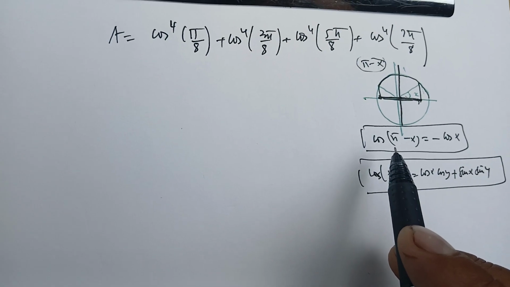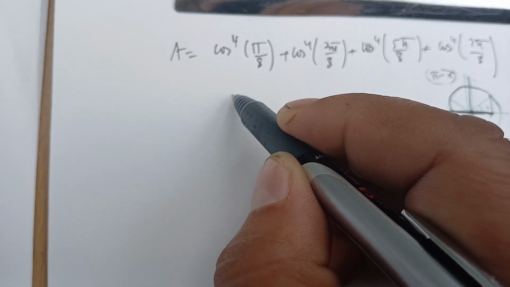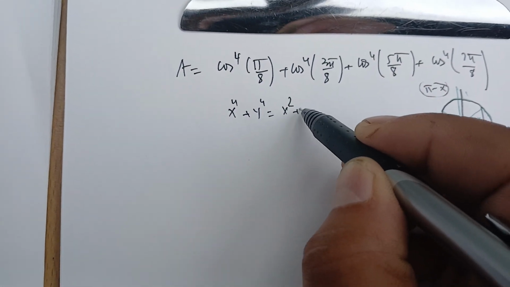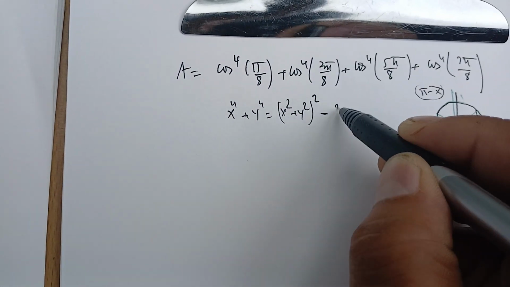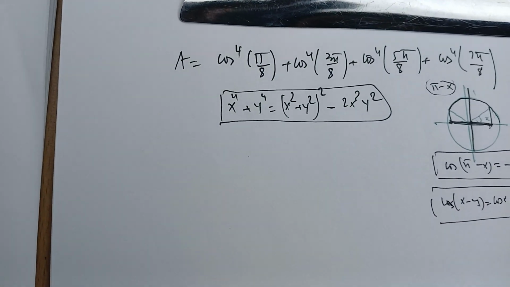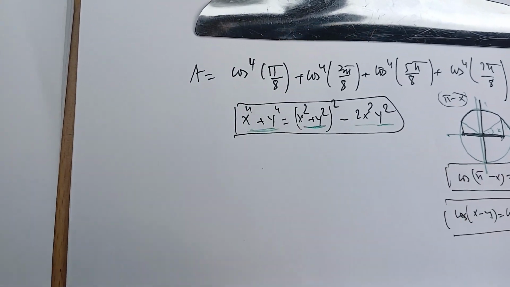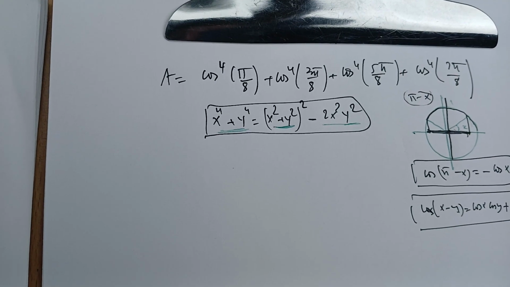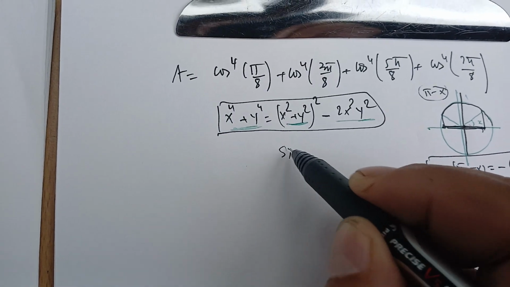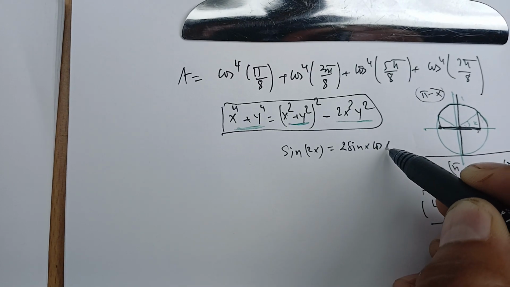Another thing that we need to use, so this is a hint for those who want to do this problem: x to the power 4 plus y to the power 4 is x squared plus y squared, squared, minus 2x squared y squared. We can prove this result by just expanding this one and getting back to this one. Another thing is that sine of 2x is 2 sine x cosine x.